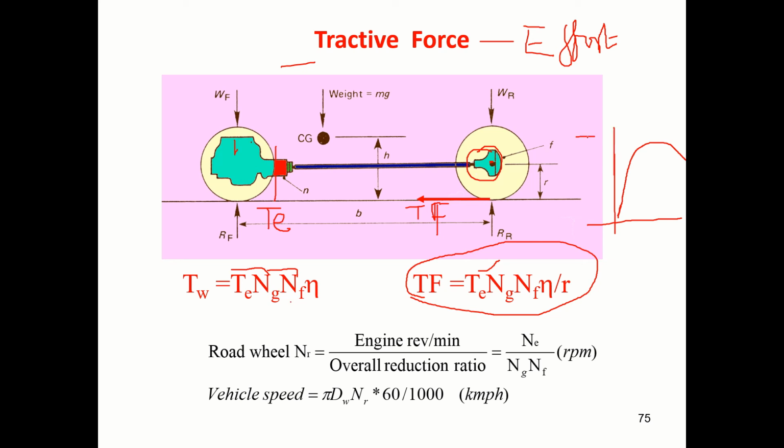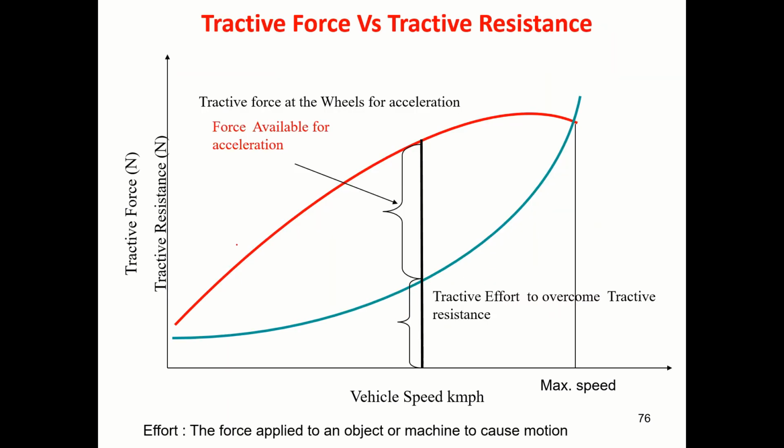If I draw torque versus engine speed, correct? So now I can draw this tractive force like this, with engine and vehicle speed changing the gear. I get this. These are the resistances.